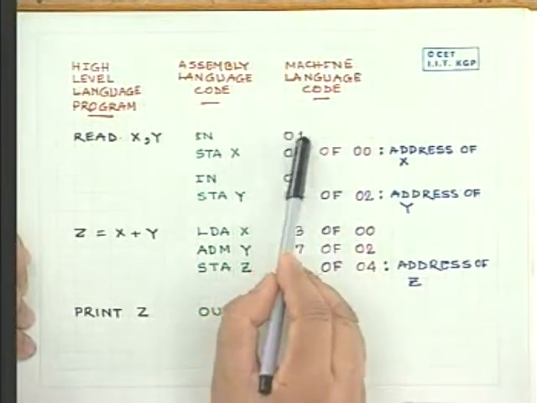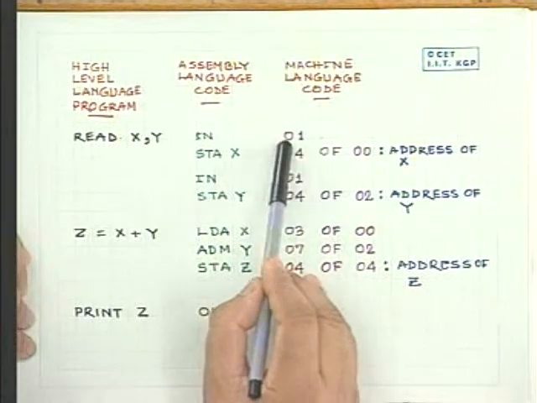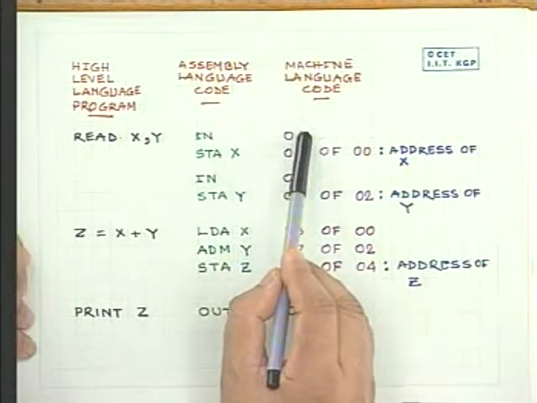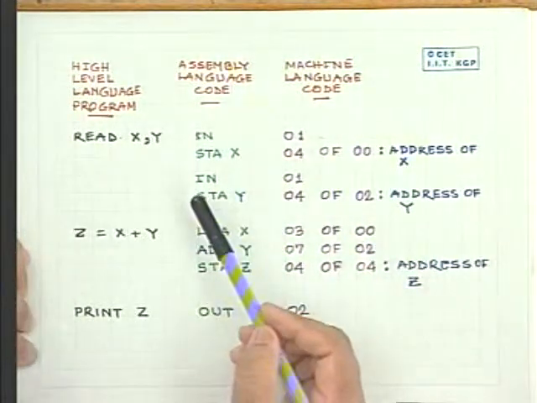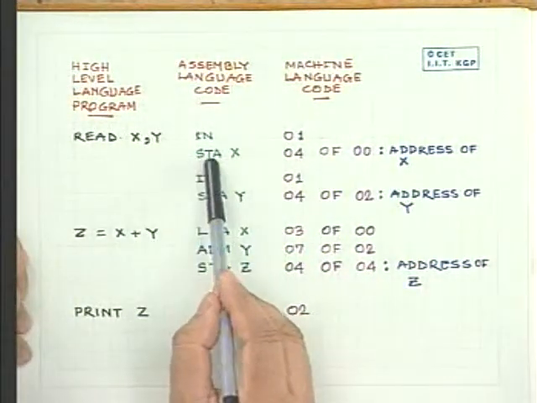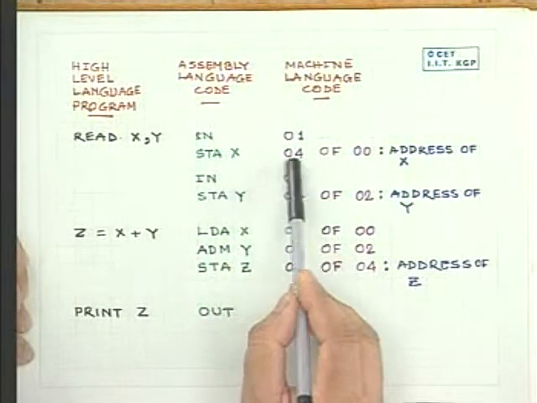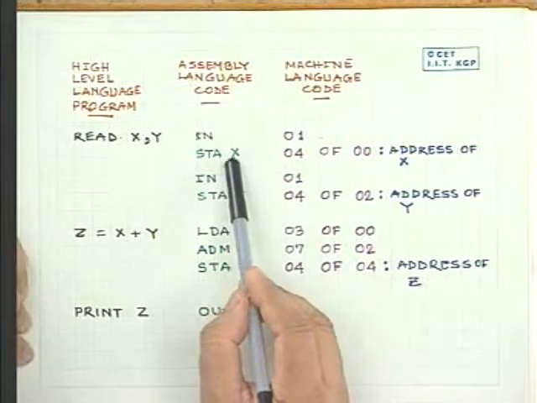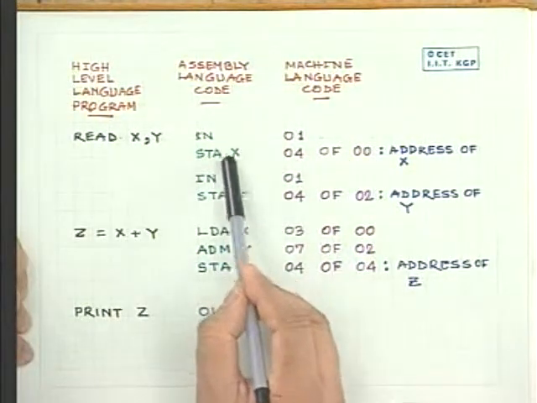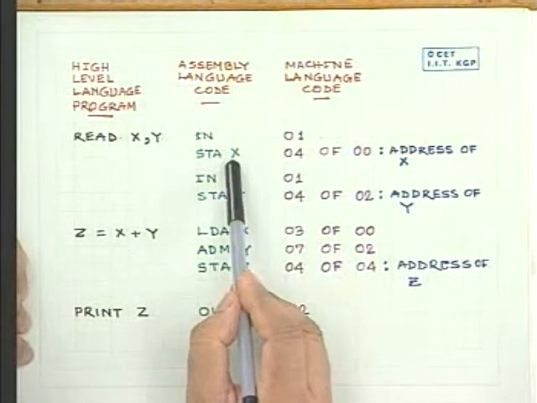Now I have assumed that IN has a machine language operation code 01, right? This is an instruction or opcode or operation code which tells the machine that something has to be inputted from the input device, right? Similarly, the store accumulator X instruction is 04, okay, and that X is a symbolic address of a memory location.